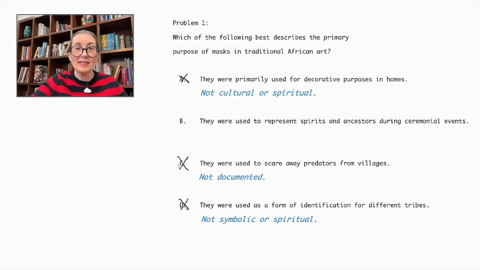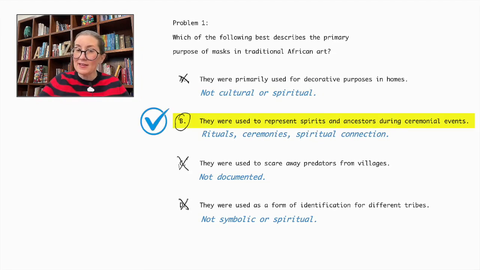So let's cross that out too. The correct answer is that they were used to represent spirits and ancestors during ceremonial events. These masks play a crucial role in rituals, ceremonies, and religious events, embodying spiritual entities and connecting communities to their ancestors and deities. Thus, B is the correct answer.